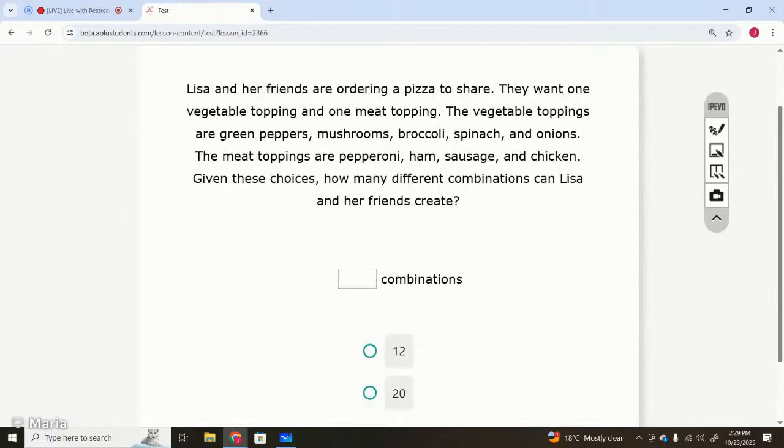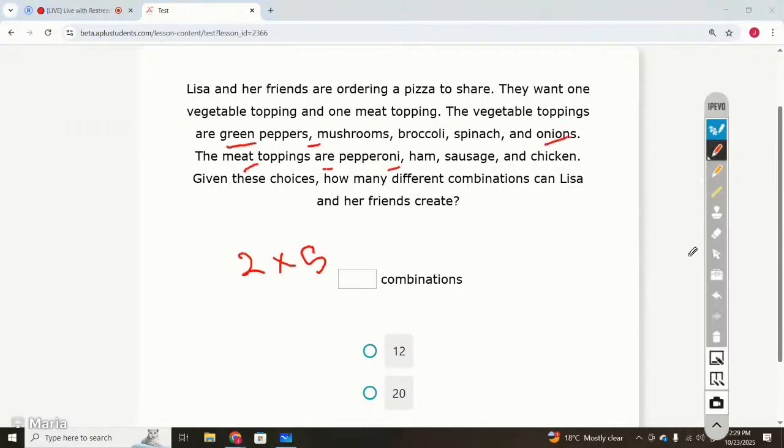Lisa and her friend are ordering a pizza to share. They want one vegetable topping and one meat topping. The vegetable toppings are green peppers, mushrooms, broccoli, spinach, and onion. So 5 choices for the vegetable topping, and the meat toppings are pepperoni, ham, sausages, and chicken. So 4 choices for the meat toppings.